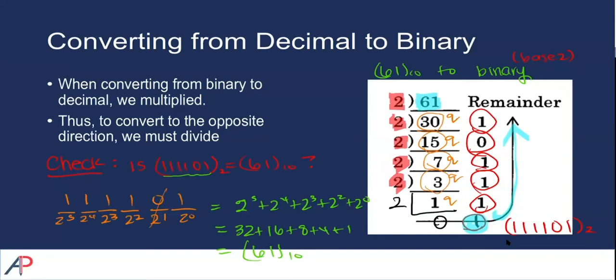So the trick to this is to continuously divide until you get 0 as a quotient. Divide the number by the base until you get 0 as the quotient.